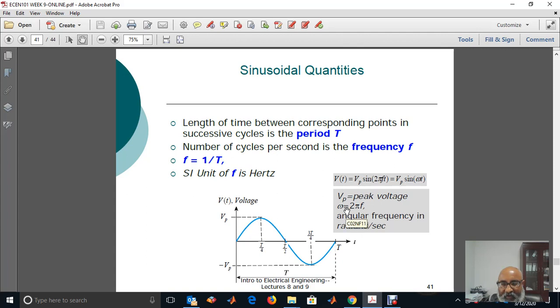Omega is the frequency in radians per second, given by 2 pi times f. F is the frequency in hertz, and f is equal to 1 over T, where T is in seconds, the unit for the fundamental period. So the unit for frequency is cycles per second, or hertz.